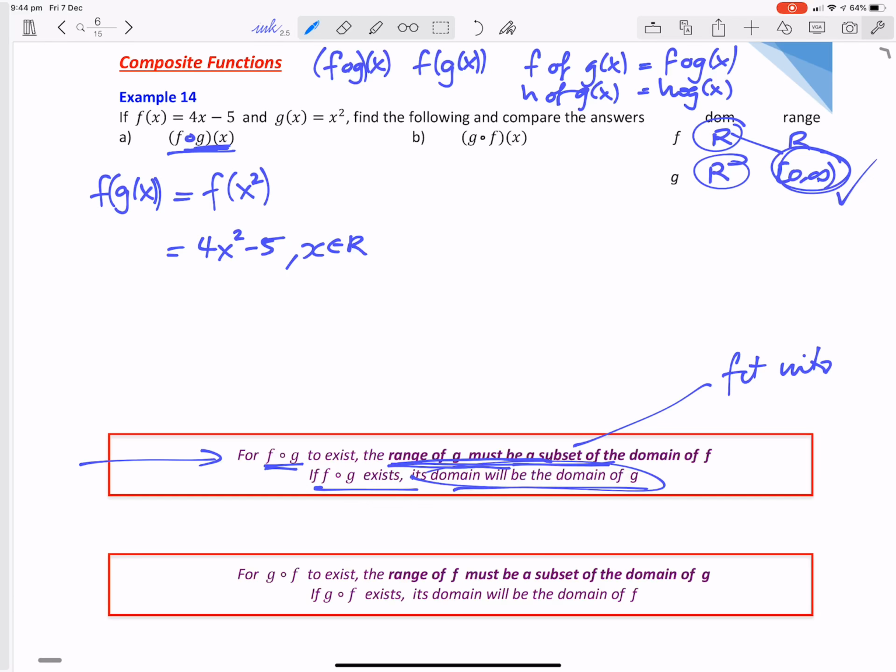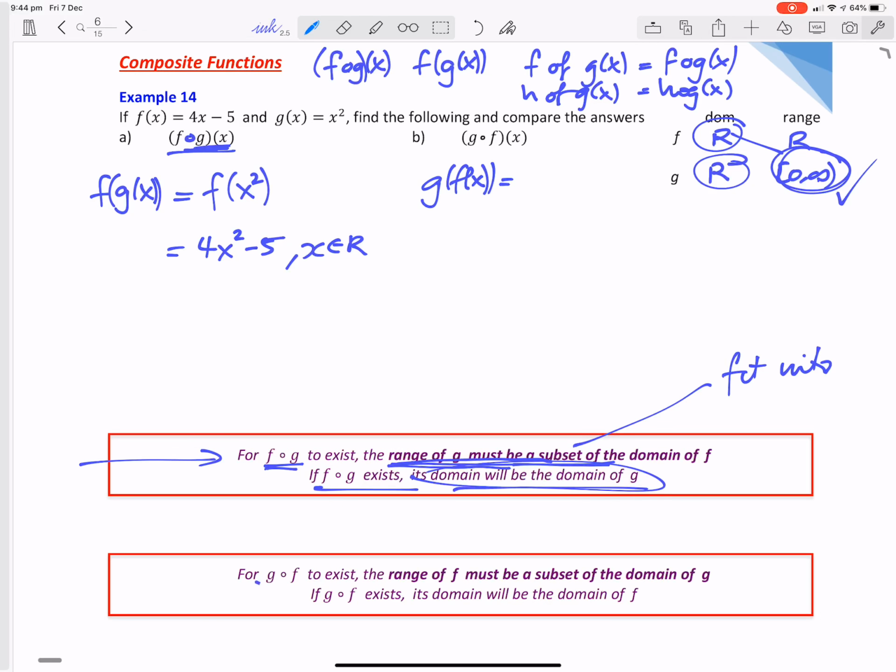Okay, g of f of x. Well, here if I want to find g of f of x, the range of f, the second function, or we can also call that the inner function, so the one that's in the brackets, the range of f must be a subset of the domain of g. So does all real numbers fit into all real numbers?